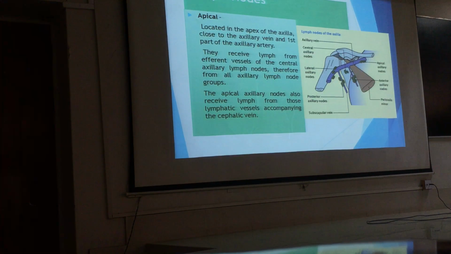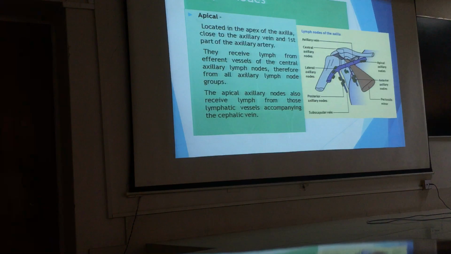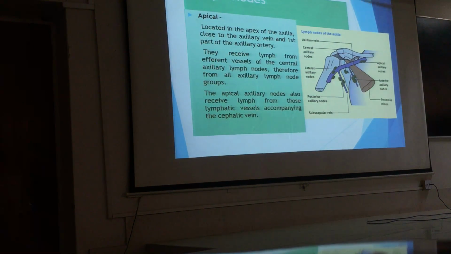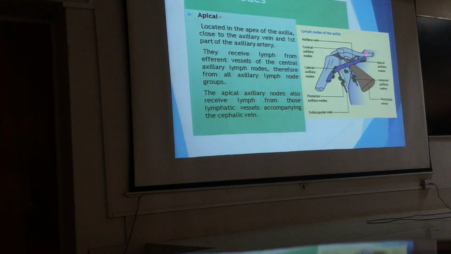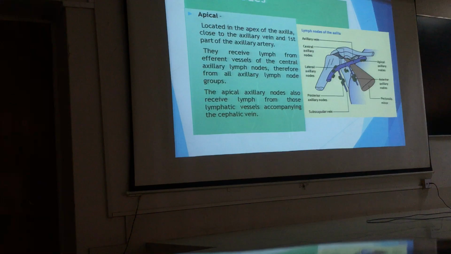Now we know that this apical group will receive the lymph from all the other lymphatics, like the central. Central में तो सभी आ रहे थे, anterior भी आ रहा था, posterior भी आ रहा था, lateral भी आ रहा था. So all the four groups will ultimately go and drain into the apical group of the lymph nodes.